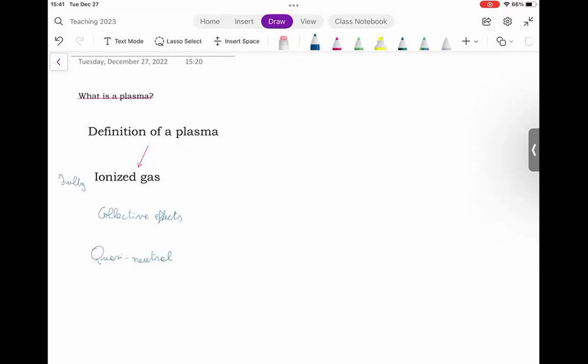That should suggest that a good way to handle this type of system may be something like a statistical description.